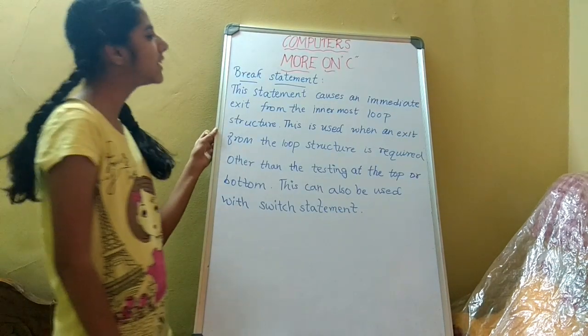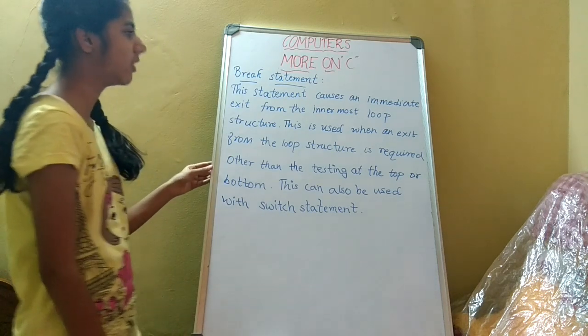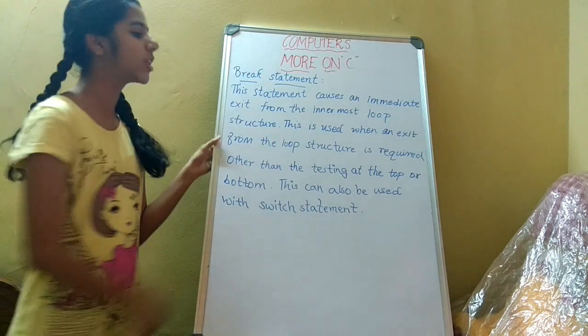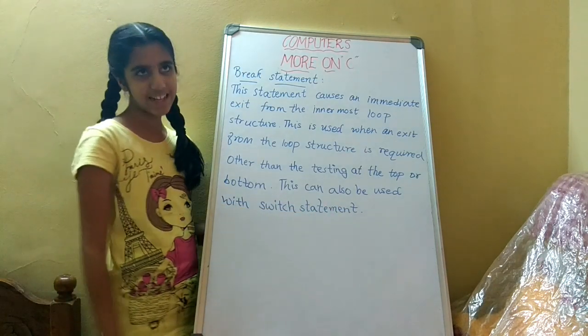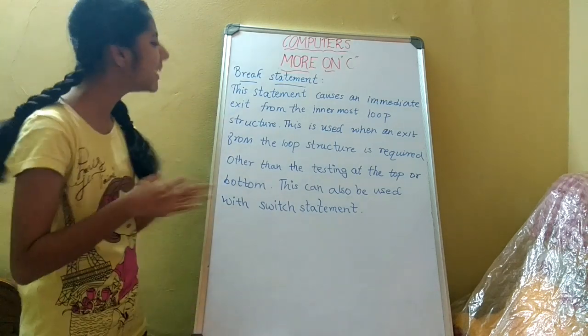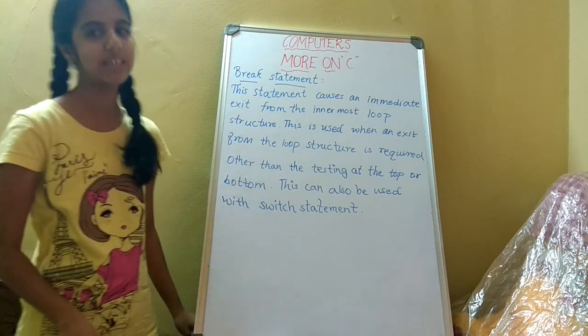Break statement. This statement causes an immediate exit from the innermost loop structure. We already discussed this part in switch, so we use this statement in switch also. It is an immediate exit; whatever you write, it will exit very fast.